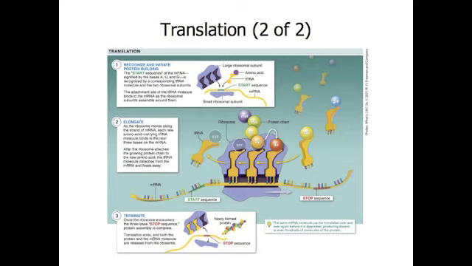The completed protein, such as a membrane protein or insulin or a digestive enzyme, may be used within the cell or packaged for delivery via the bloodstream to somewhere else in the body where it is needed. Following the completion of translation, the mRNA strand may remain in the cytoplasm to serve as the template for producing another molecule of the same protein.